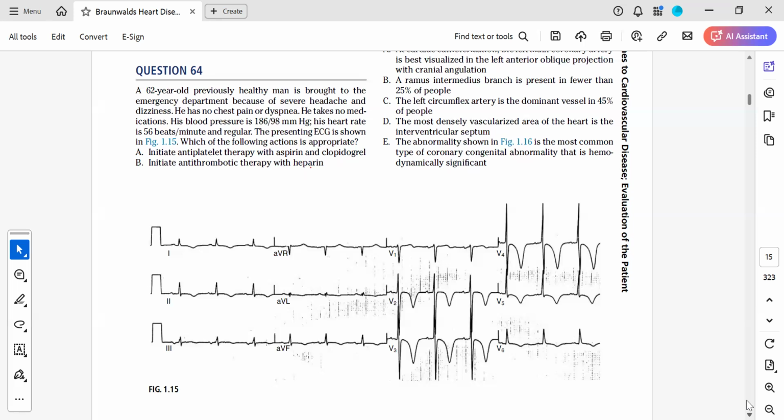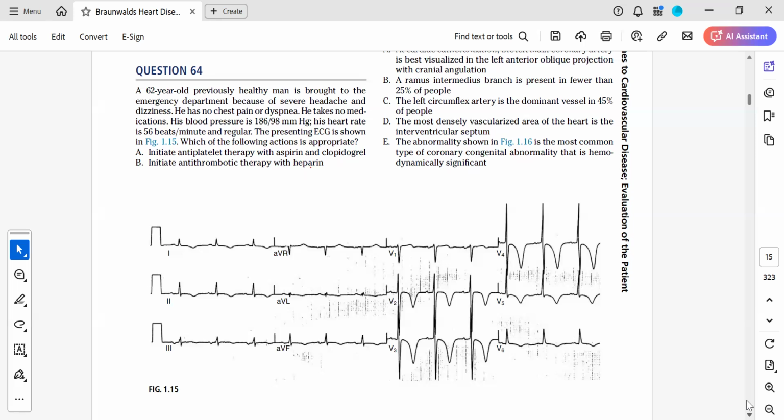So we go to the options now. Option A says initiate antiplatelet therapy with aspirin and clopidogrel. So it's not an acute coronary syndrome, so that makes that option false. Option B says initiate antithrombotic therapy with heparin.